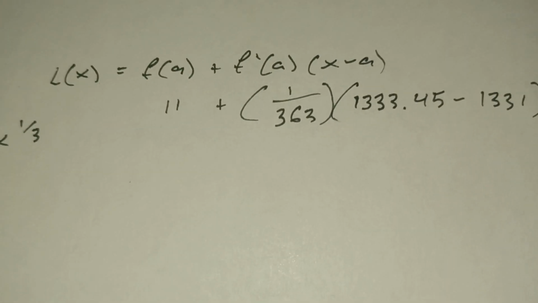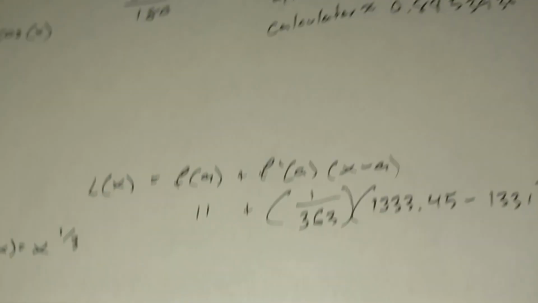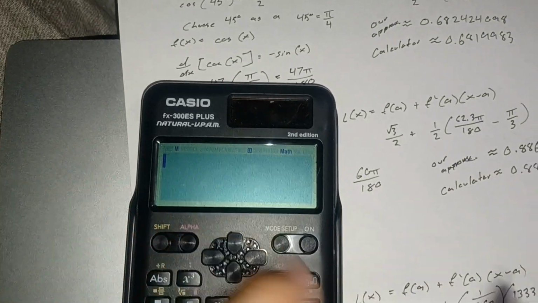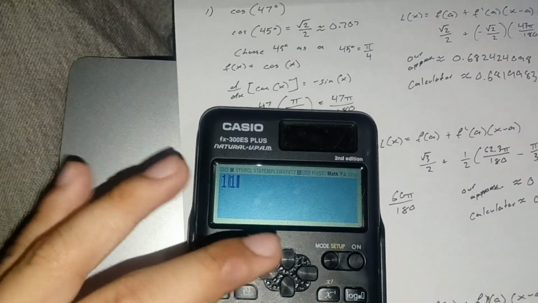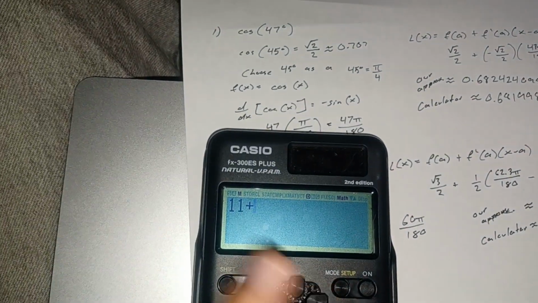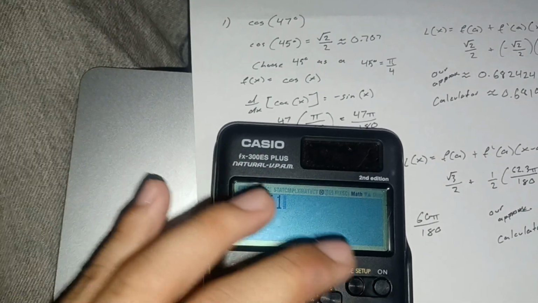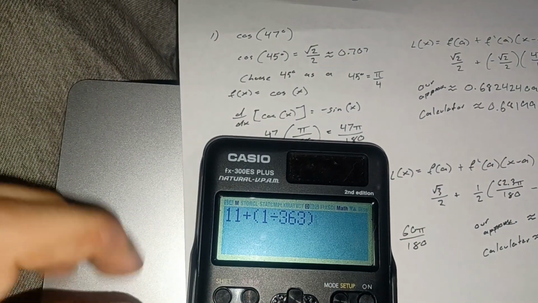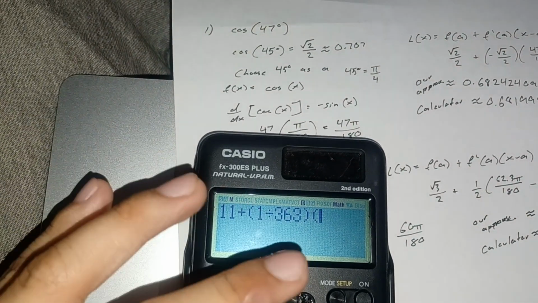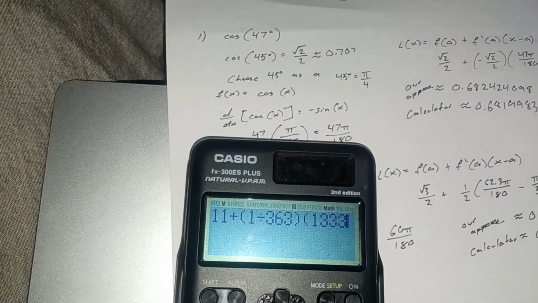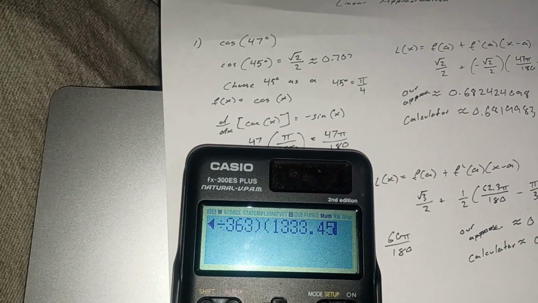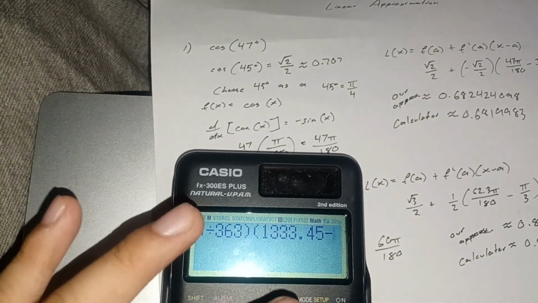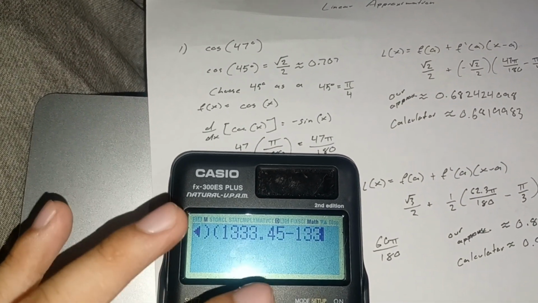Let's go ahead and plug this into our calculator. 11 plus 1 divided by 363, multiplied by 1333.45 minus 1331.